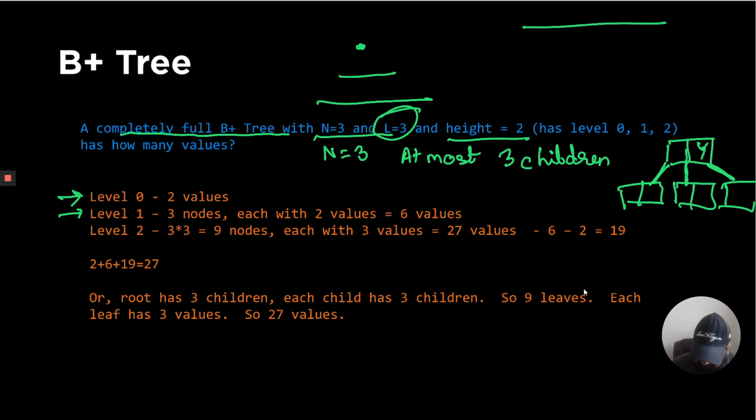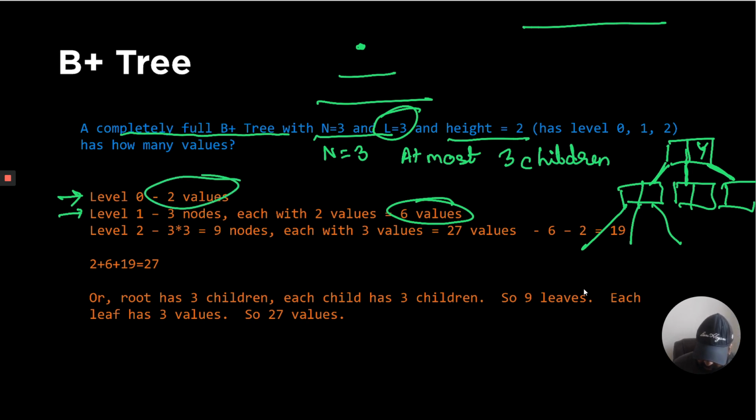So for the internal nodes, it's going to be just two different values, because otherwise it will break the consistency of a B plus tree. Finally, the total number of values in level 1 is 3 nodes times 2 values in each, which is 6 values.